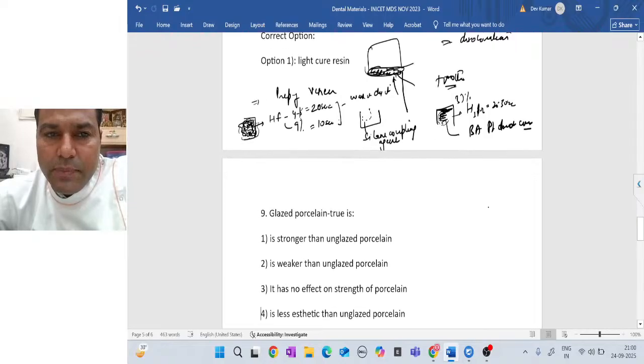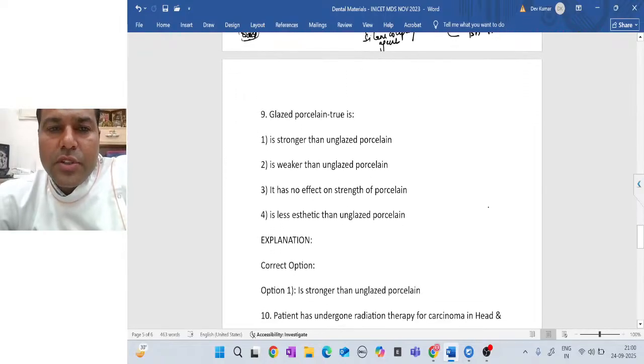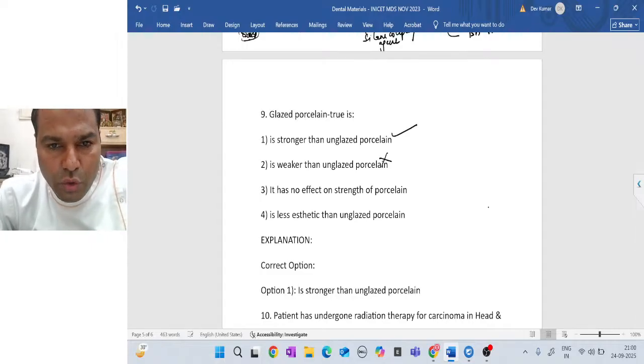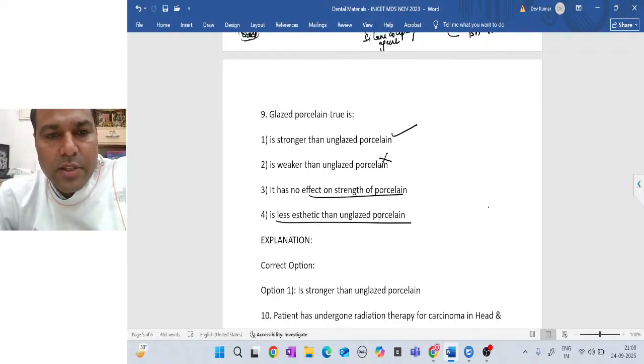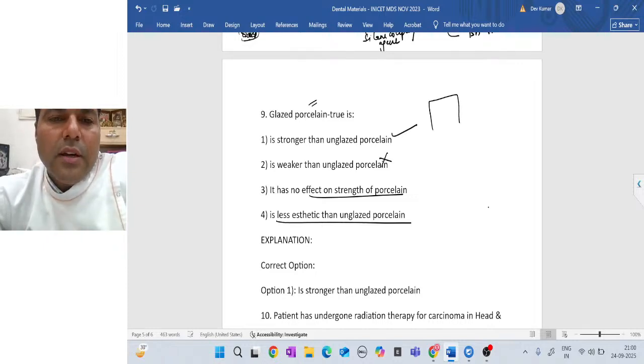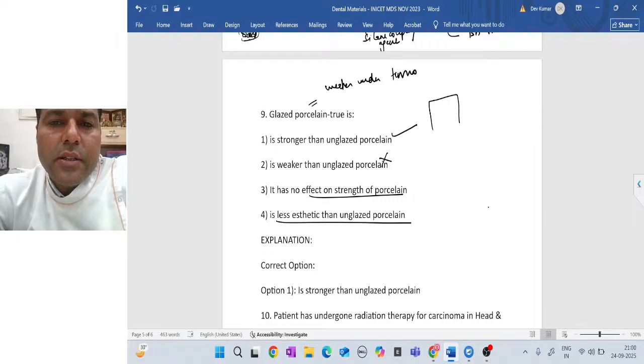Next question: glazed porcelain, true is, okay, glazed porcelain is stronger than unglazed porcelain, yes, okay, weaker, it has no effect on the strength of porcelain, less aesthetic than unglazed porcelain. Now देखो कोई भी चीज़ स्पेशली सिरामिक या पोर्सलेन is always weaker under tension and shear.